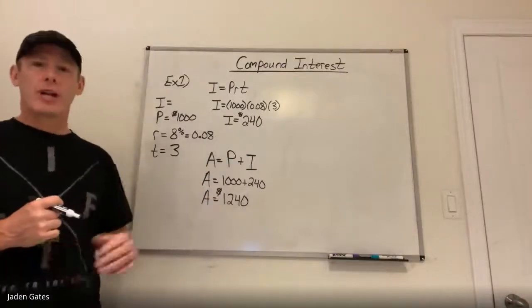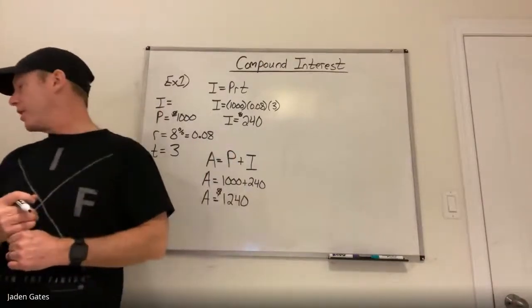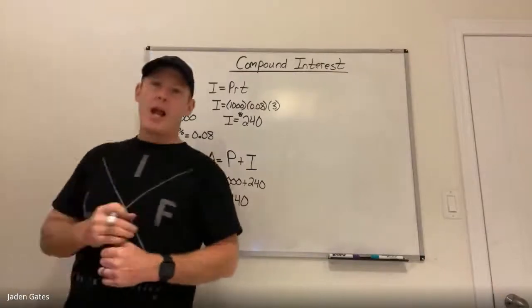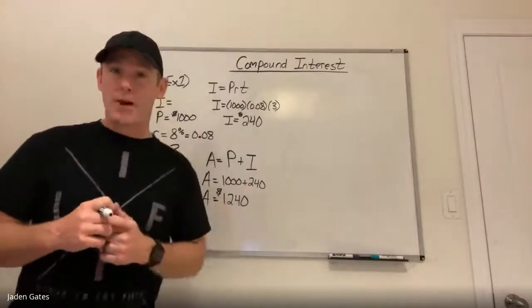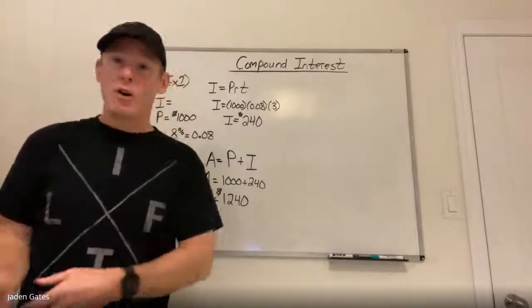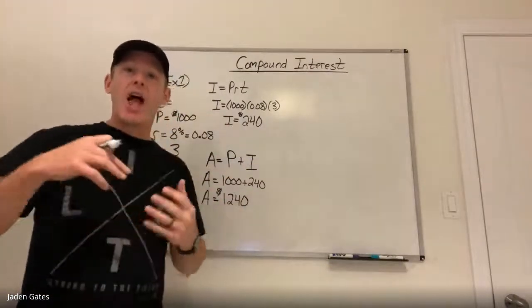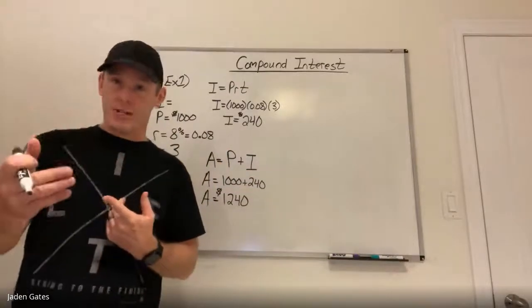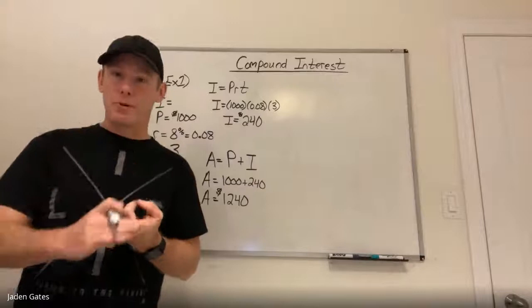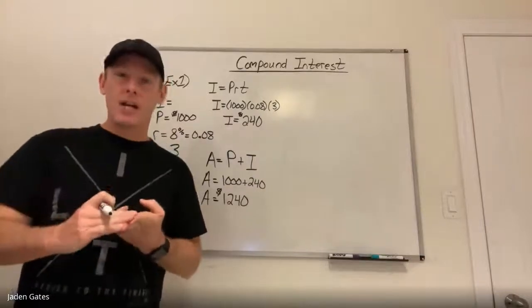Now, here's what we're getting into. That's simple interest, and now we're dealing with compound interest. The difference with compound interest is that after a certain amount of time, say a year, the interest is added, and then the next year, if you're investing, of course, you make money on your principal, but you also make money on your interest.